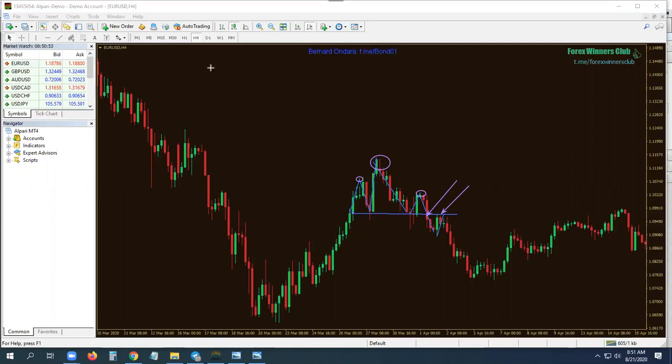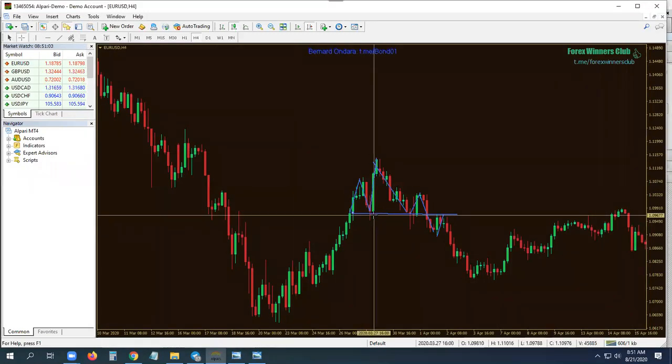In this case, you needed to just measure from here to the head, 173 pips, 176 pips. Then you measure from where the breakout is to occur, 170 something pips. Somewhere there, 76. So ideally, you place your target here. So breakout, your target is here. Or a pullback, your target is down here.